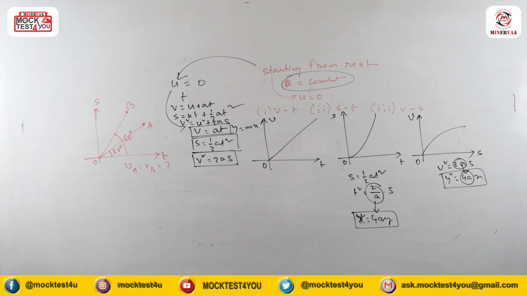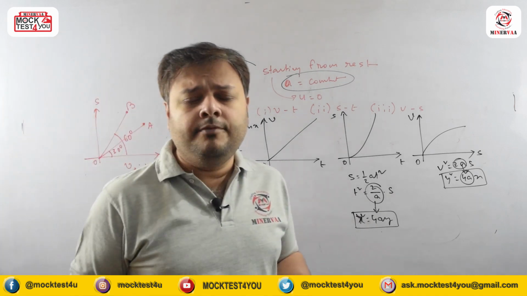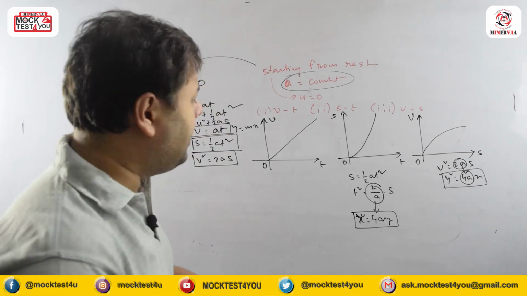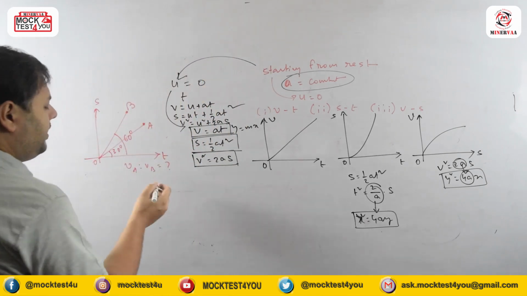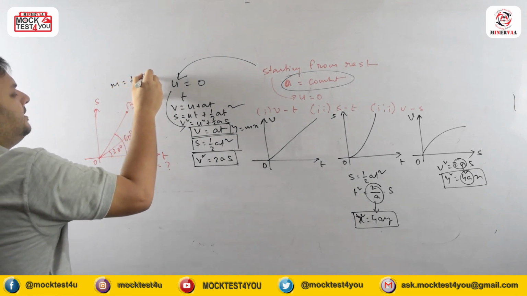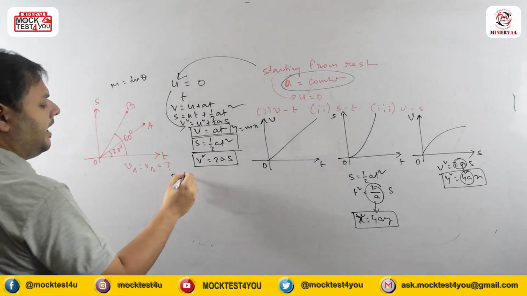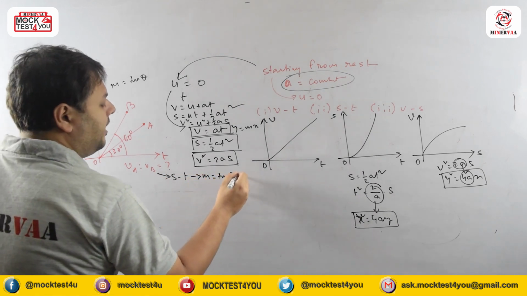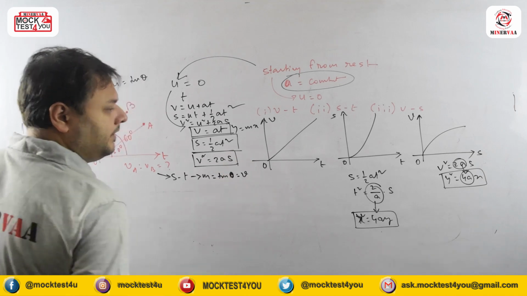Now from here, one thing we already know, we have already discussed that for any graph like an XY graph or VT graph, there is a slope of the graph. The slope of the graph is what? Tan theta. Now in an ST graph, this slope tan theta represents the velocity.